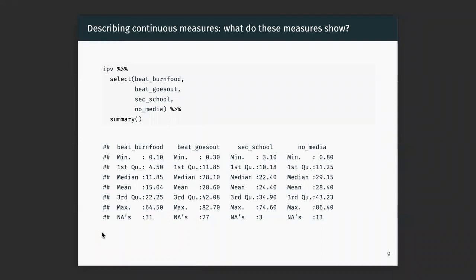First, we have 13 missing values. So 13 country years we don't know. We don't have information. What about the rest of these statistics? What's this?